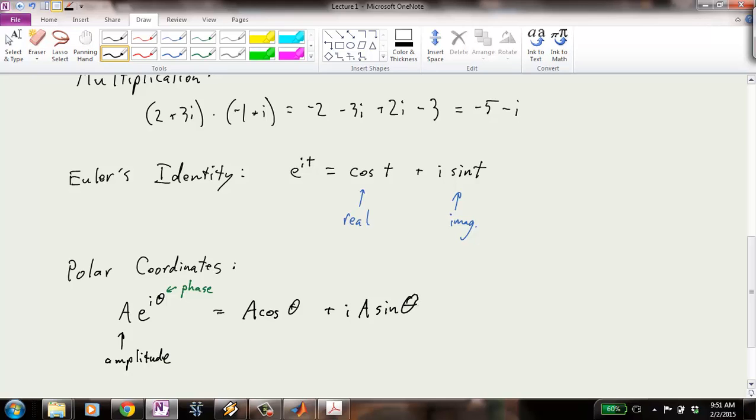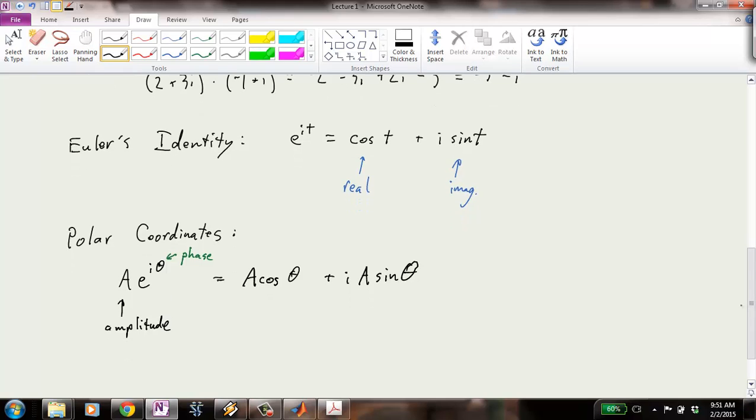And once you have things in polar coordinates, multiplication becomes easy, and we'll see that next time. But here, let's just show how you graph it. Where would I put that number a e to the i theta? If we're given a and theta, where does it show up in the complex plane? Again, here's 1, here's i, minus i, and negative 1.